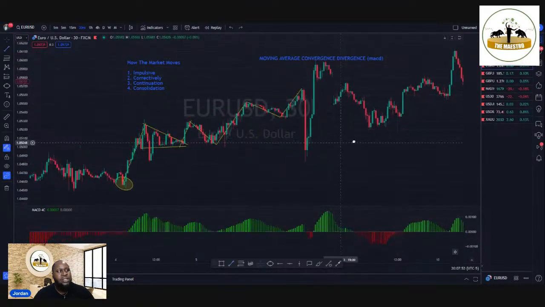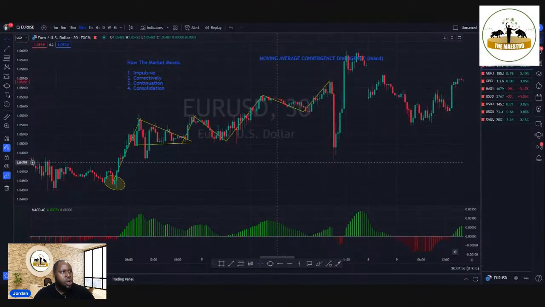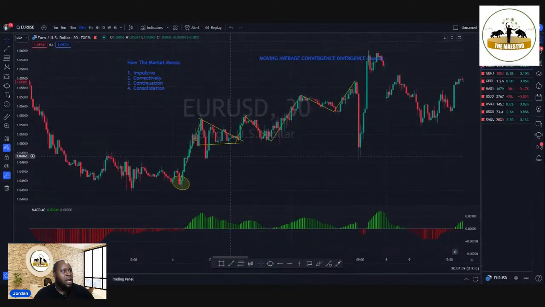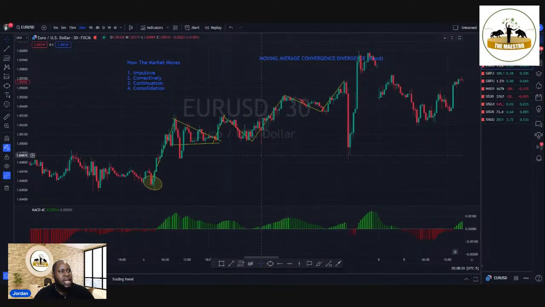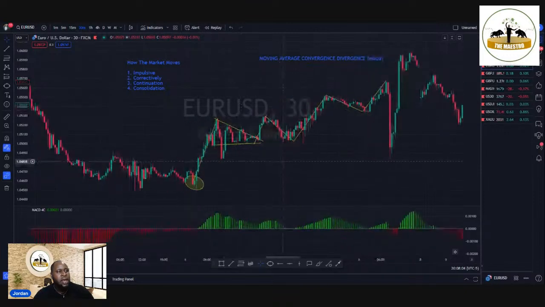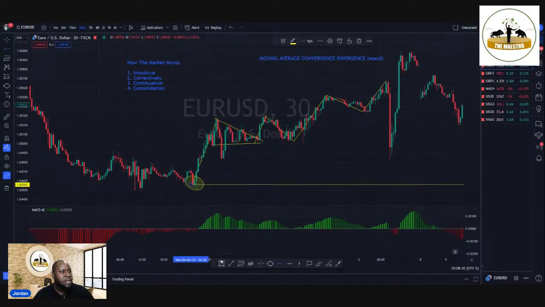First of all, let's get into real quick what allows us to qualify something as a retest. We have to look at the previous low. If we're talking about an uptrend, we're looking at the previous low. If we're talking about a downtrend, we're talking about the previous high. So the low of this impulsive move is right here.